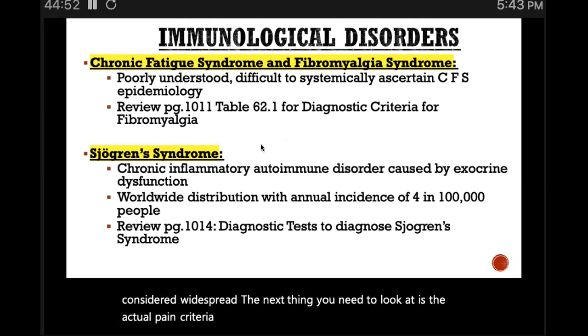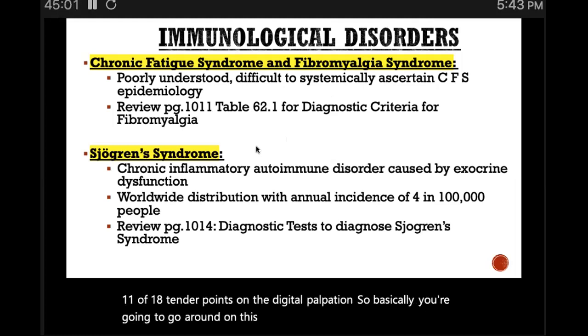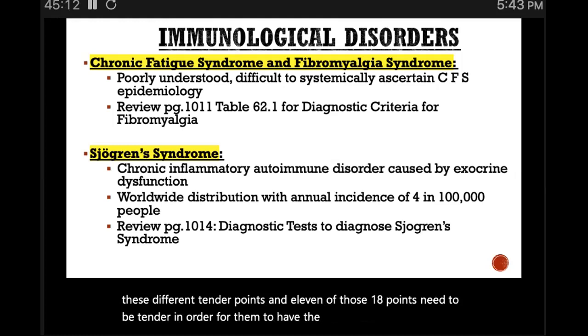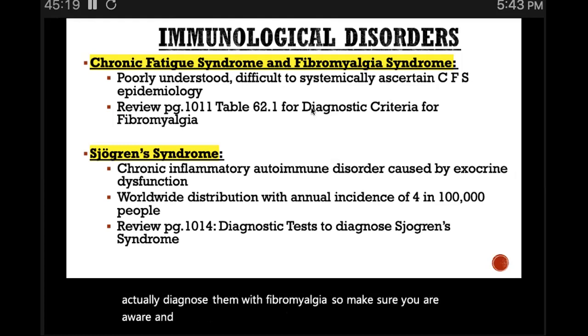They have to have pain that exists in at least 11 of 18 tender points on digital palpation. So basically, you're going to go around on this patient and digitally press or palpate on these different tender points. And 11 of those 18 points need to be tender in order for them to have the diagnostic criteria to actually diagnose them with fibromyalgia. So make sure you are aware and understand these different points and the criteria that's associated with the diagnostics for these particular syndromes.